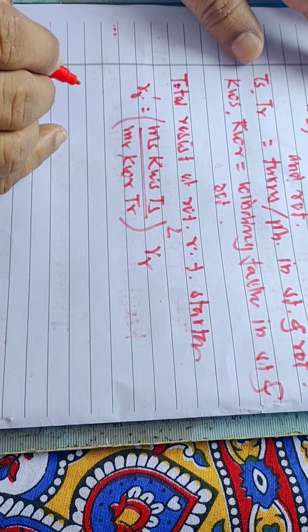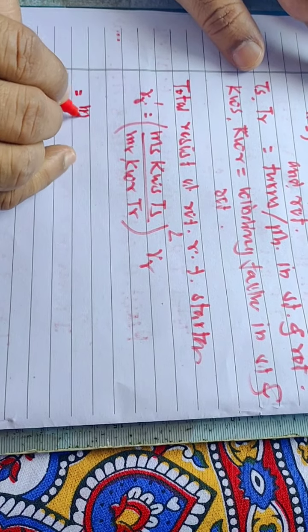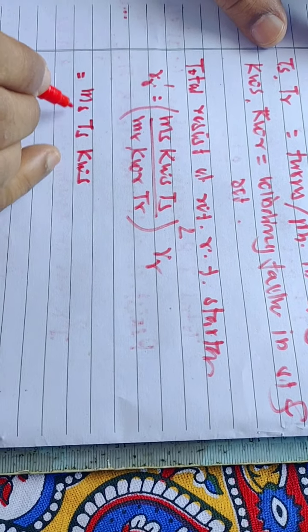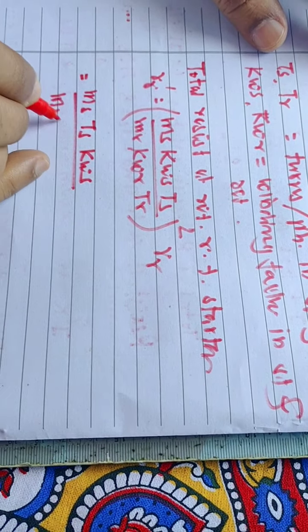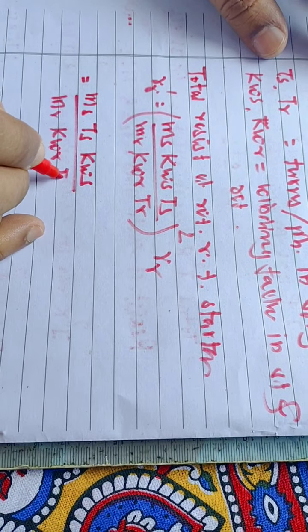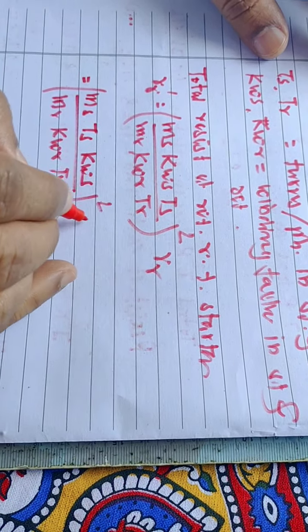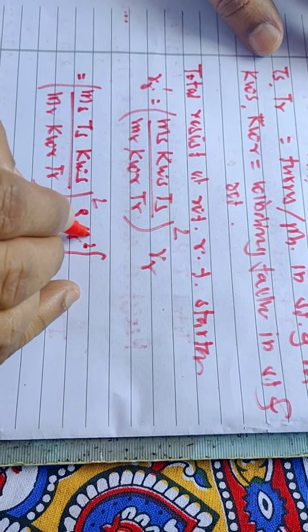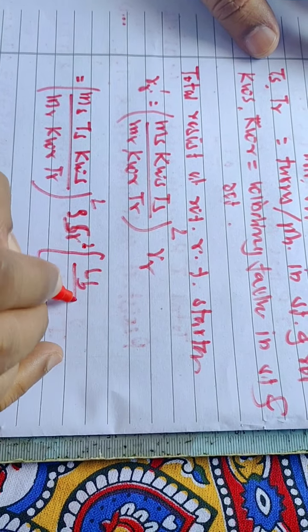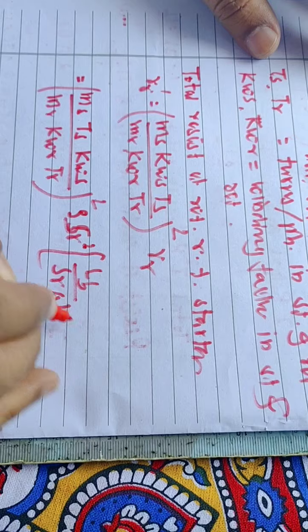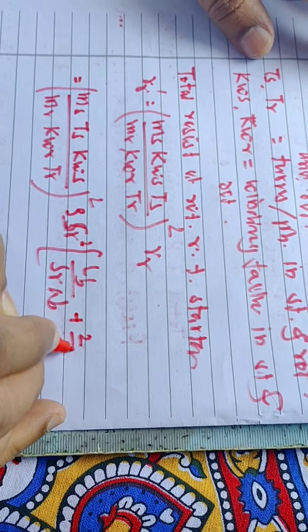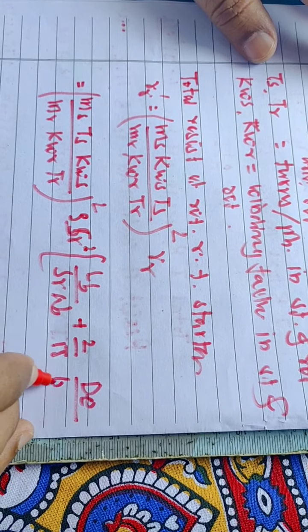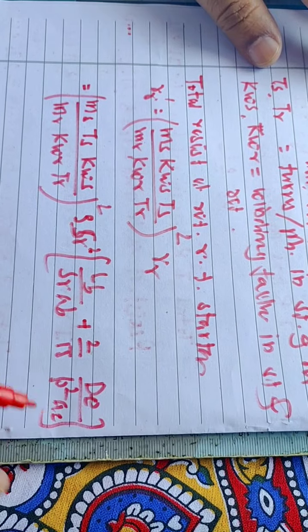So this is equal to MS TS KWS upon MR KWR TR square into rho SR square, this is SR square LB upon SR AB plus 2 upon pi DE upon P square AE.